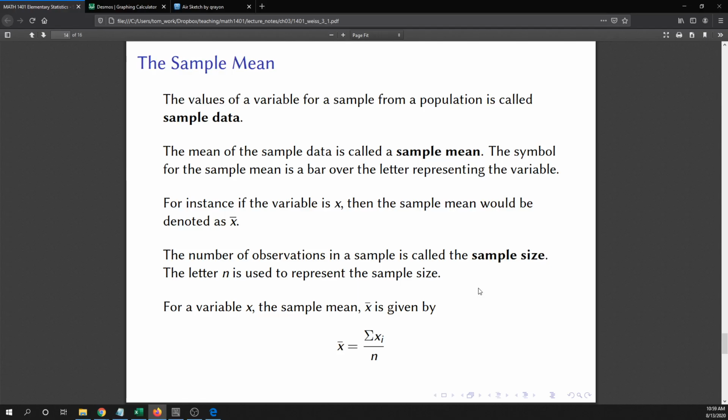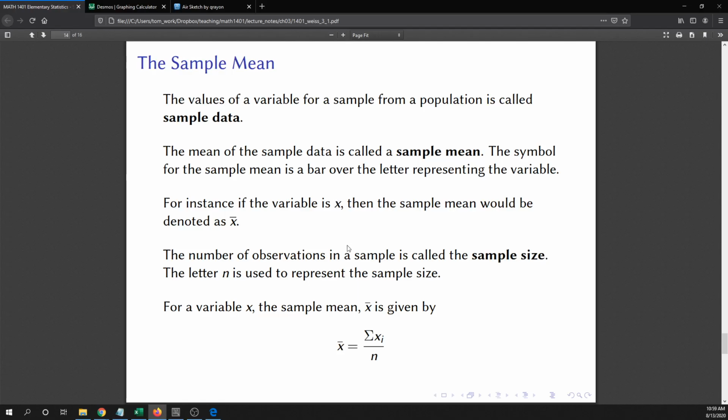The symbol that we are going to use for the sample mean is a bar over the letter representing the variable. So if the variable that we're talking about is x, then the sample mean would be written as an x with a little bar over it, and that's just read x bar. Whenever you see that, that would be the mean of the sample related to this variable x.